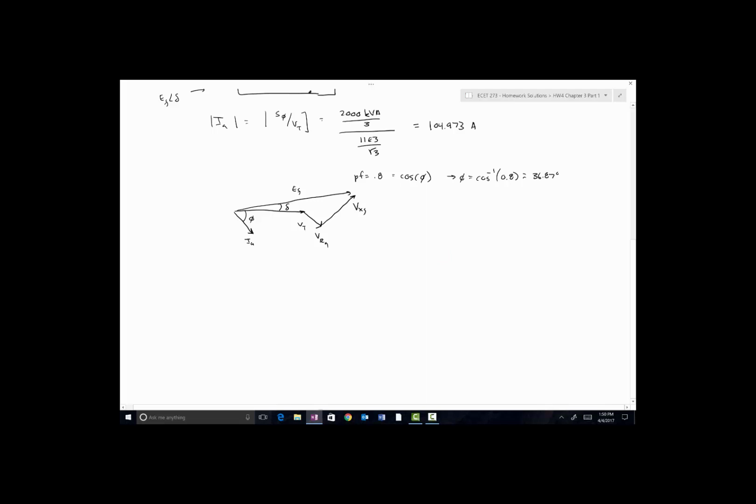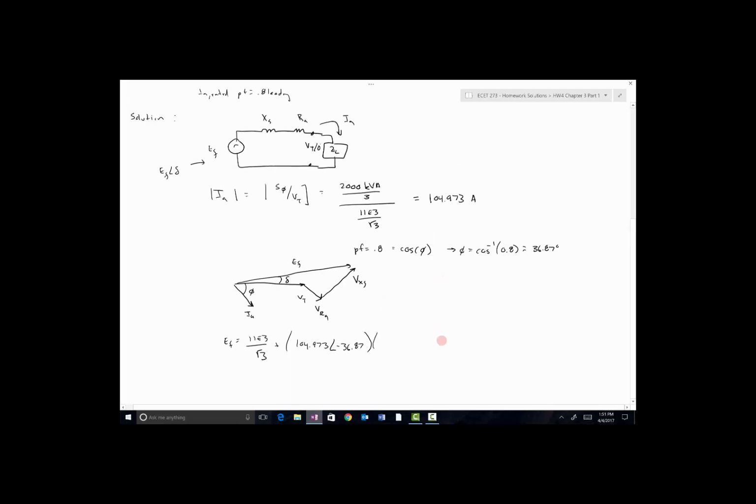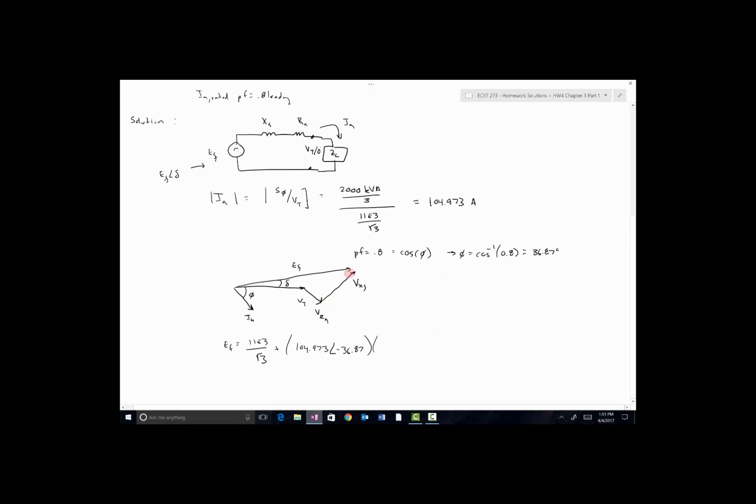We can determine EF in this situation using Kirchhoff's voltage law. It's going to be VT plus the current here, which is rated current lagging, times the impedance, which is 0.3 plus j5. So current times impedance gives those voltages right there.